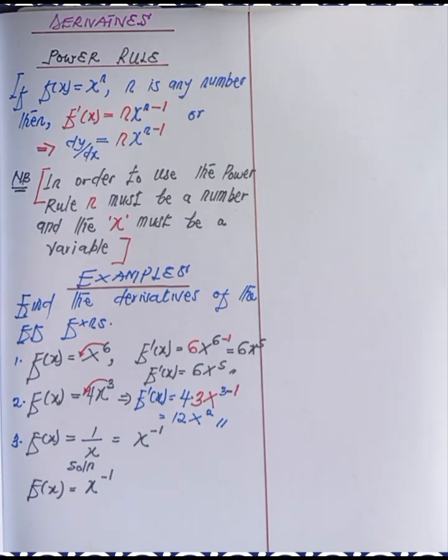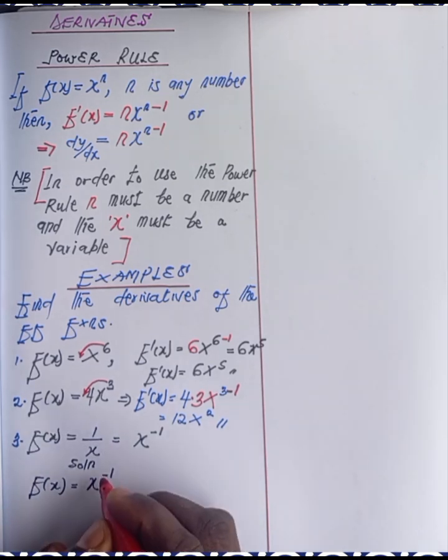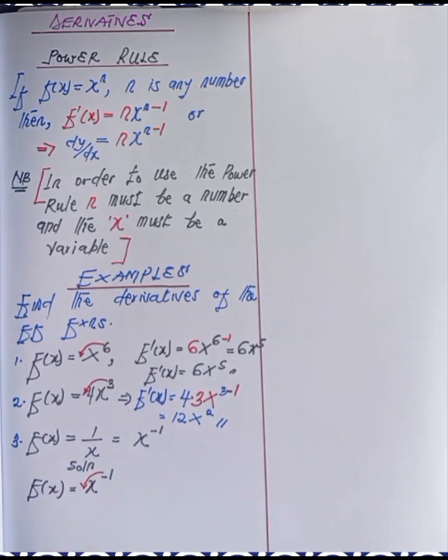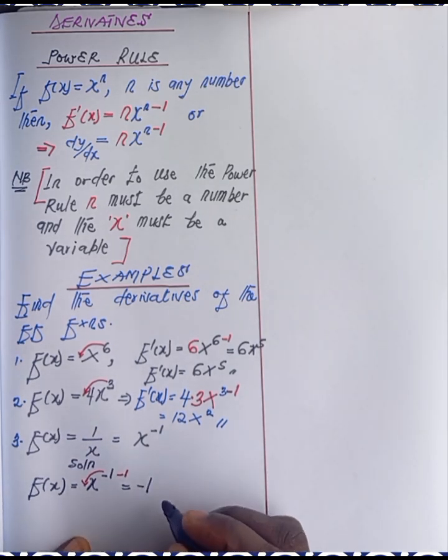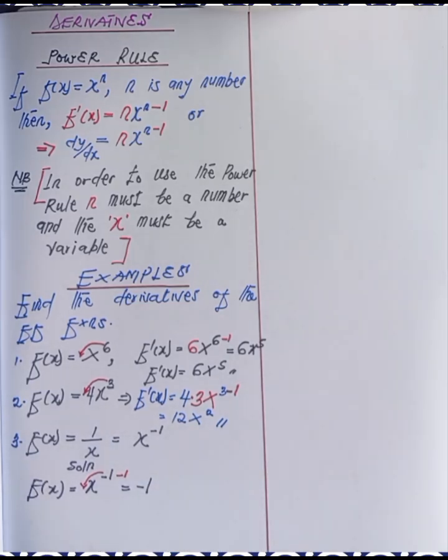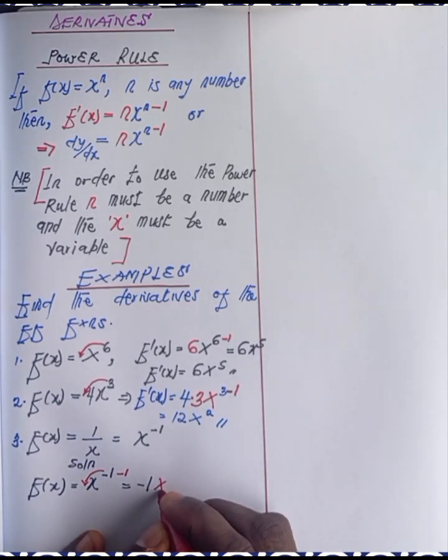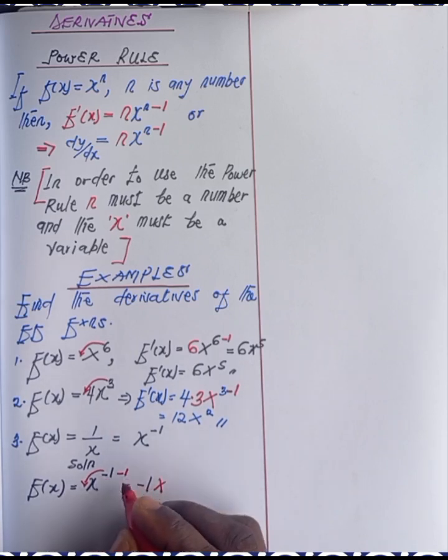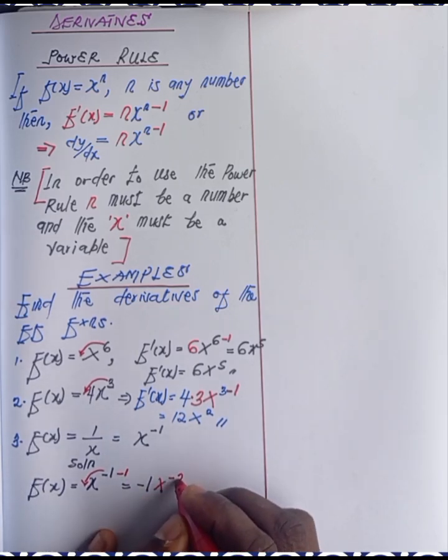Now that we have a power, we can apply the power rule. The negative 1 will come and multiply the function in front, and then we subtract 1 from the power. So at the end, we get negative 1 times x, with the exponent negative 1 minus 1, which gives minus 2.